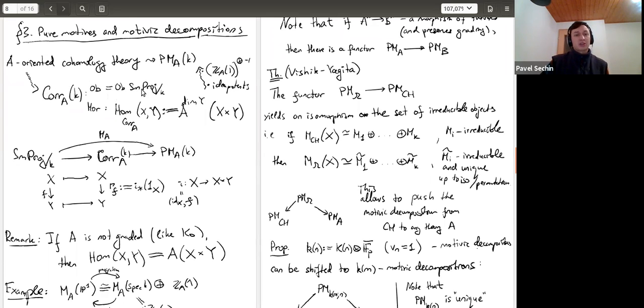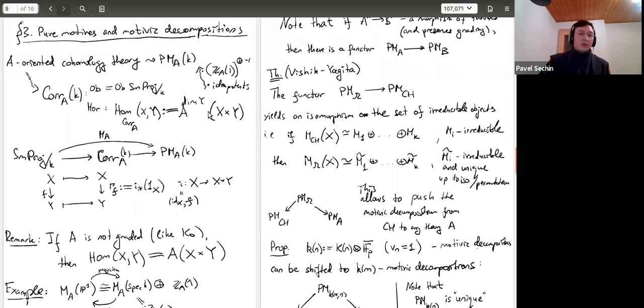Its objects are smooth projective varieties over your field K, and morphisms from one variety to another are defined as this abelian group. If A is not graded, for example, if we look at K0, which is not graded, then here you just assume that it's the whole group, the only group you have.